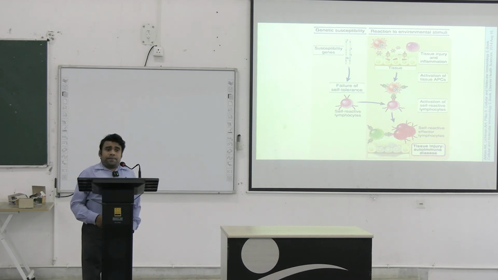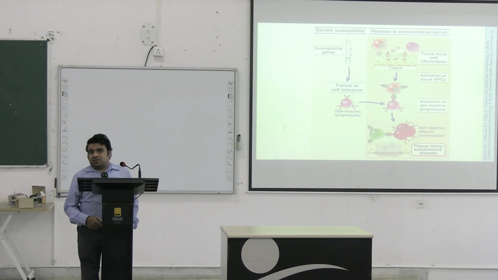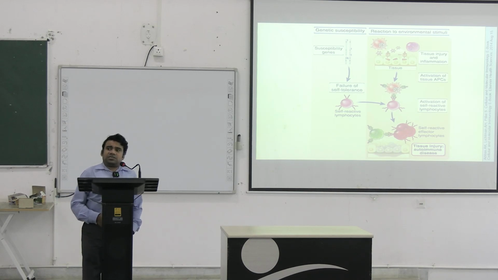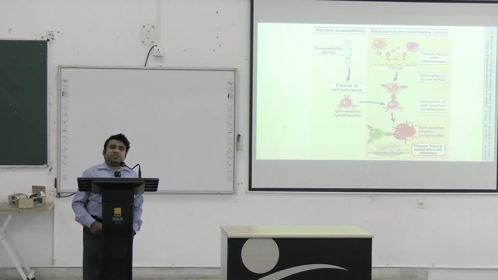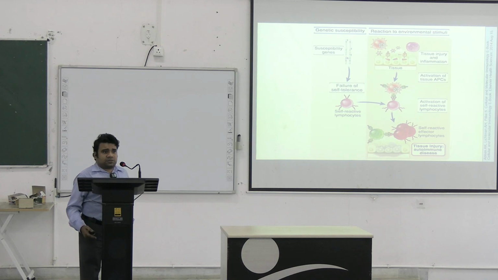That means because of some errors or some permutations or combinations of the genes, this negative selection of self-recognizing cells may not be totally complete. On the other hand, we can have tissue injury and inflammation because of any trauma or infections where self-antigens get processed and expressed.